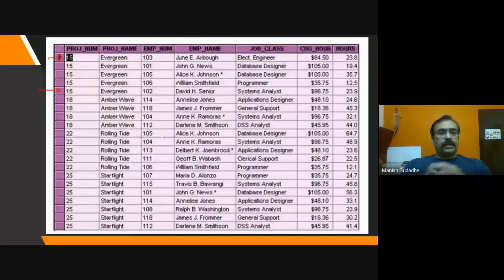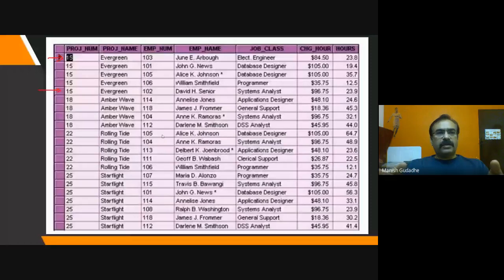Let us say there is one project on which only one employee is working, and that employee is leaving the organization. Then shall we abandon that project? No, it will not happen. Some new employee will be appointed for that. In other words, if a project is closed or finished, are we going to remove all the employees? No, because they will be put on some other project. So all these things may create a problem. These are called anomalies, the deletion anomaly or insertion anomaly.